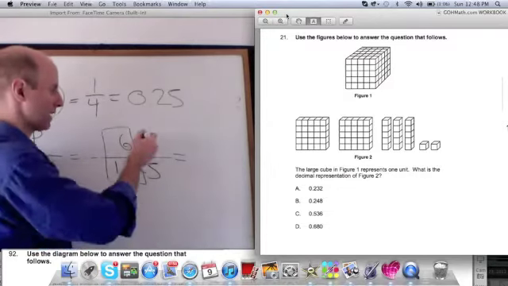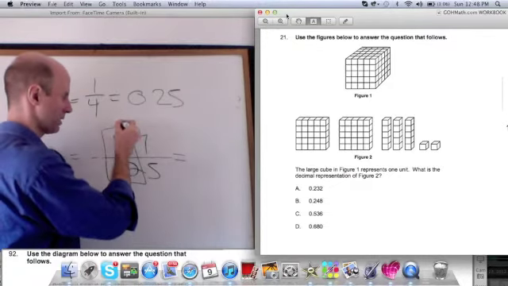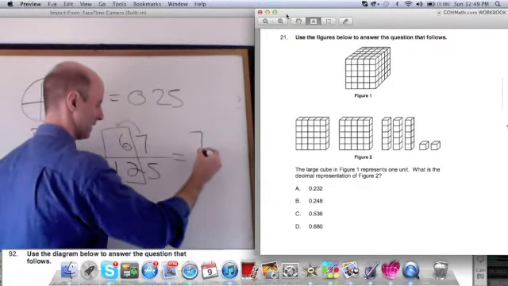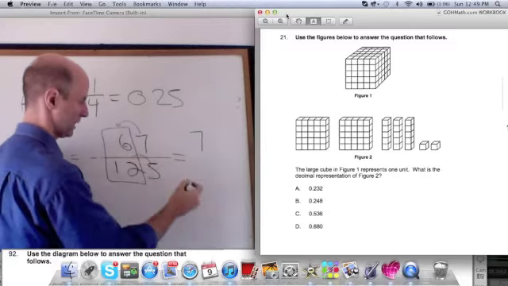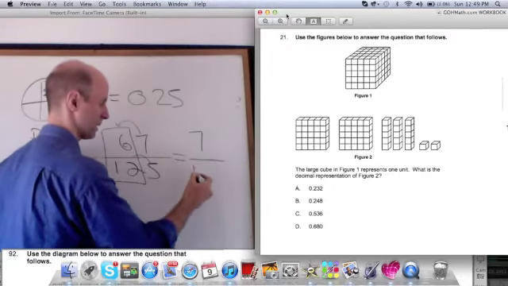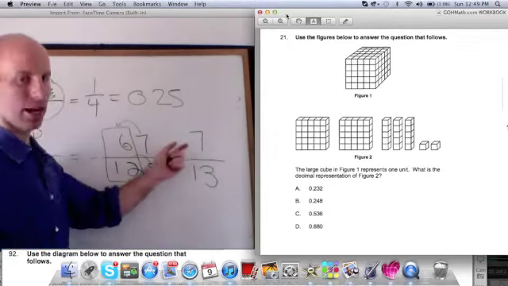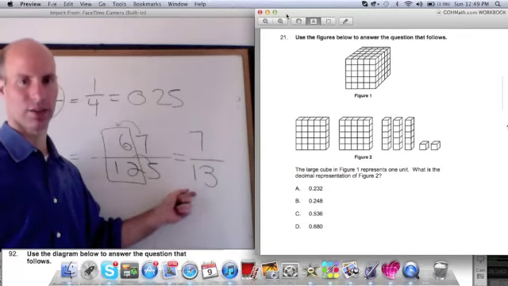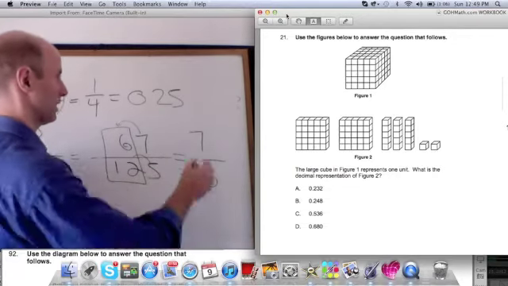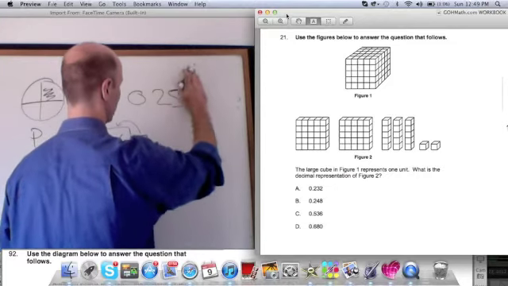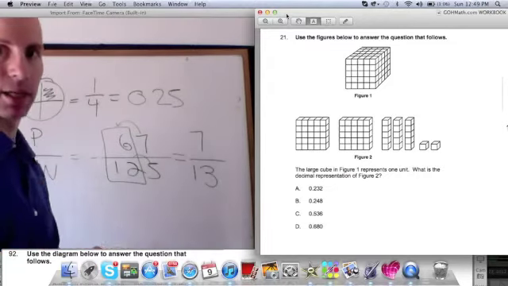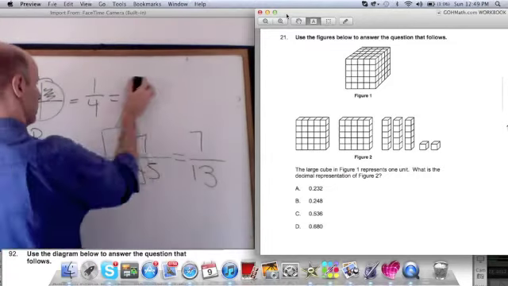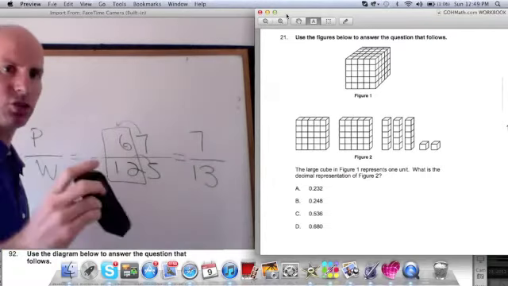But if I wanted to get even closer, I could round this, and this would actually become a 7. And I could round this one, and this 125 would become a 13. So now I have a fraction, 7 over 13. This is something I think is fair to do a long division. Well, what did I just do?